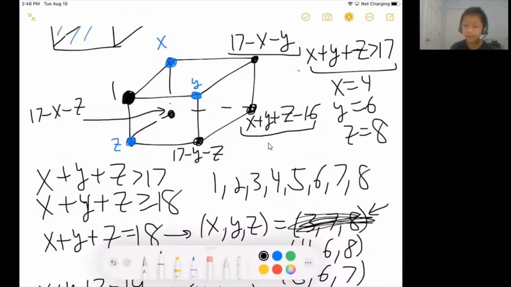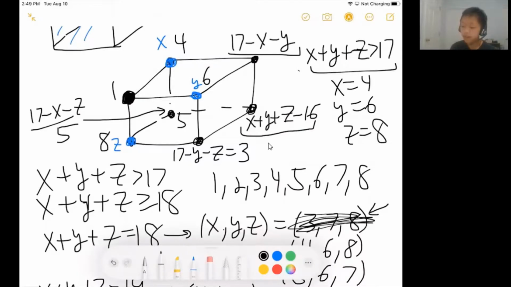Then notice that x here is 4, y is 6, z is 8. 17 minus y minus z, that's going to be 3. 17 minus x minus z, that's 17 minus 4 minus 8. This is going to be 5. So this one's 5 over here.